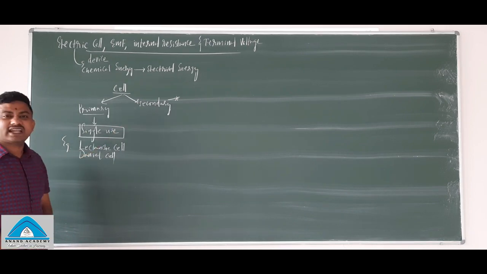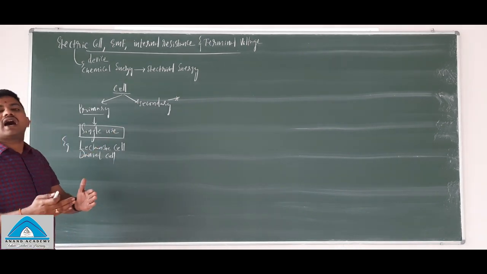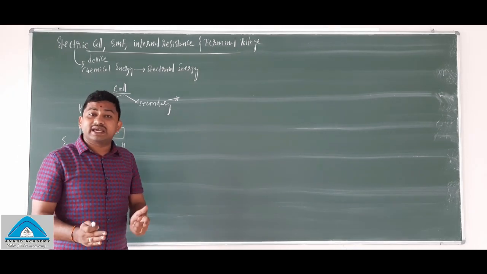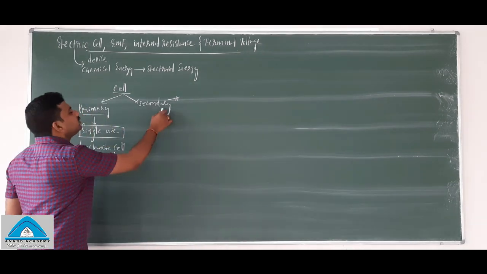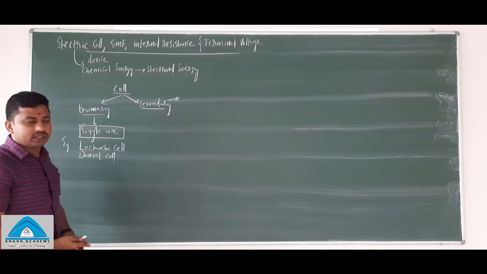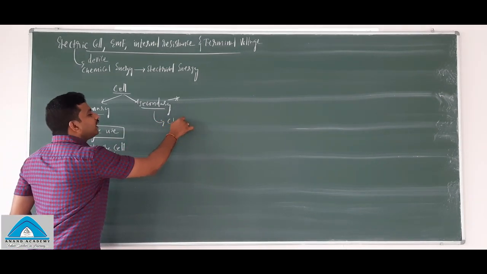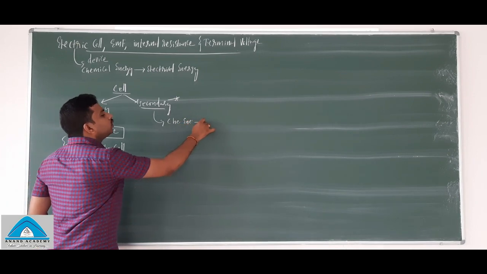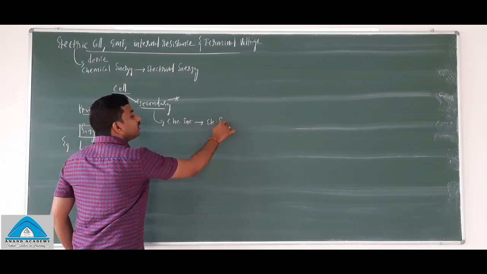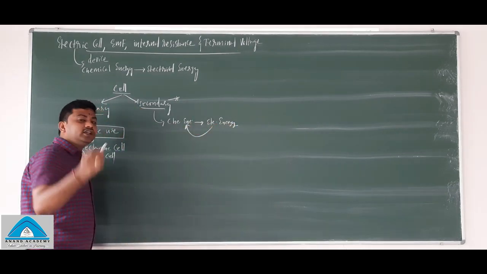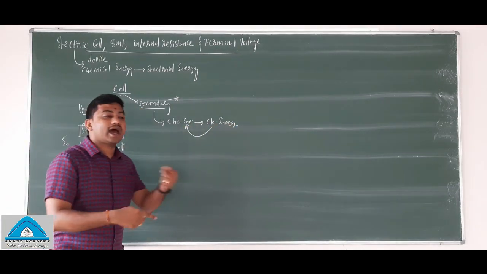Now secondary cells. Secondary cells have two-way usability. What does two-way usability mean? Secondary cells can convert chemical energy into electrical energy, and from electrical energy to chemical energy once again. That's called rechargeable.